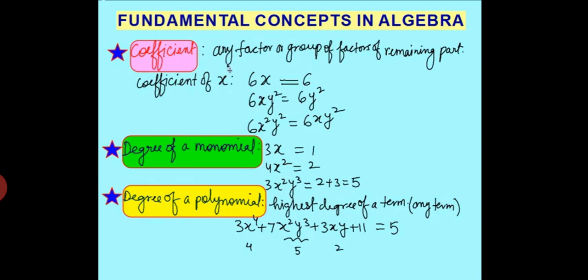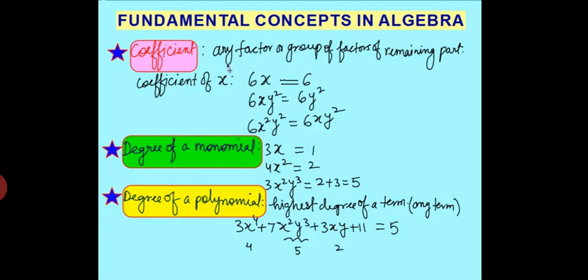So the coefficient of x is 6. In the second example, 6xy square, here the coefficient of x is 6y square. And in the third example, 6x square y square, here except x, the coefficient of x is 6x y square. So these are called coefficients.